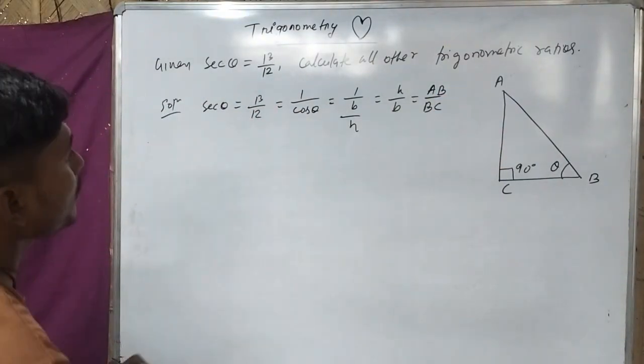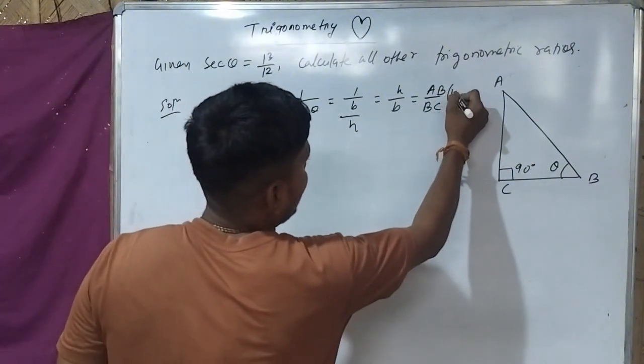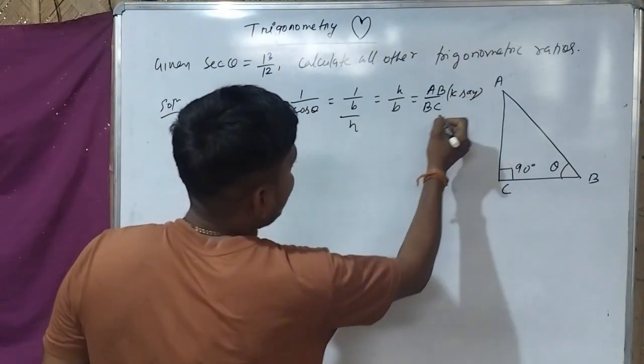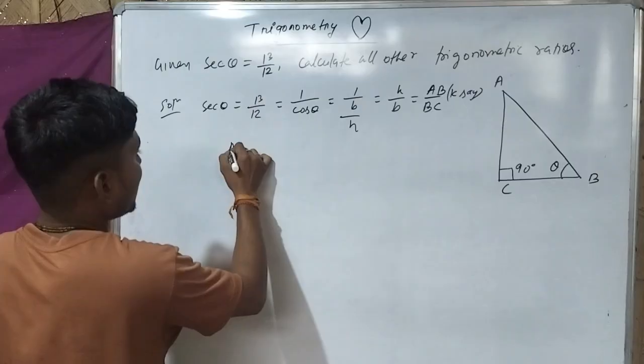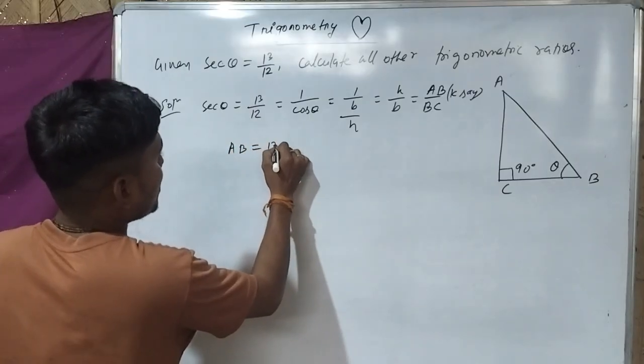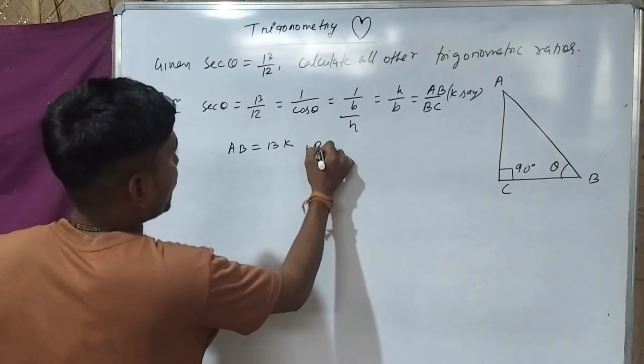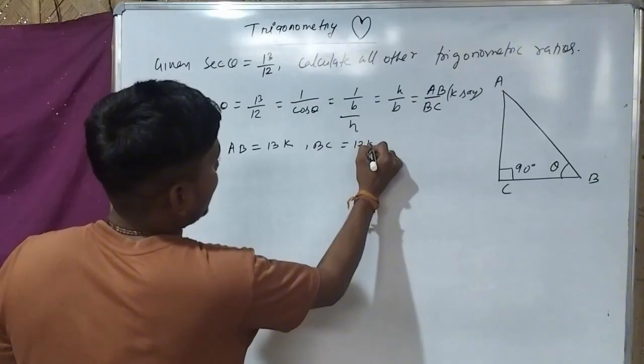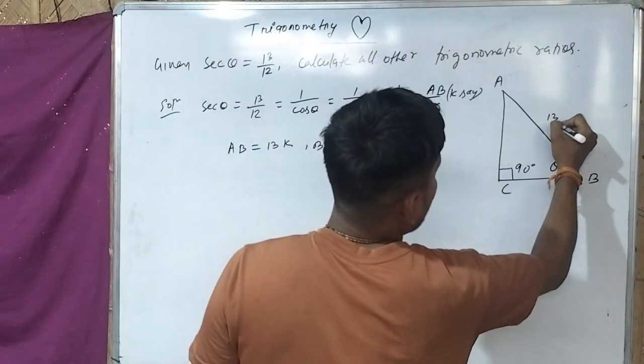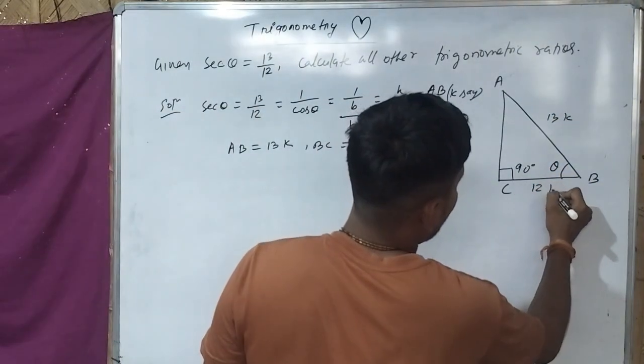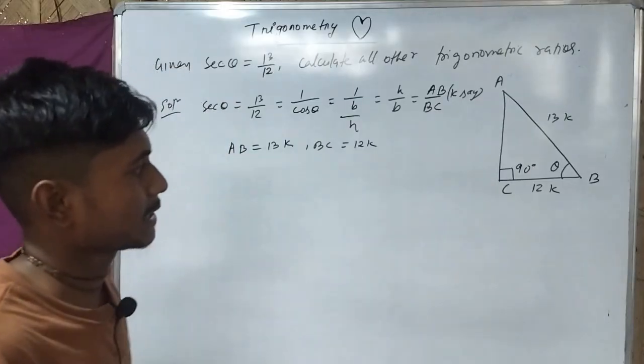Okay. Now let's say K, then AB will be 13k and BC will be 12k. Now we have to find AC.